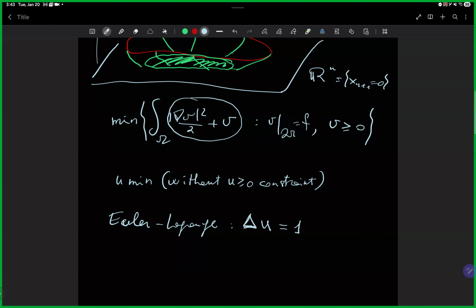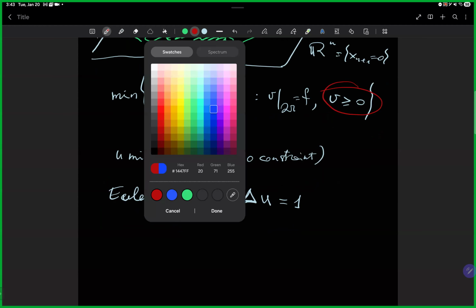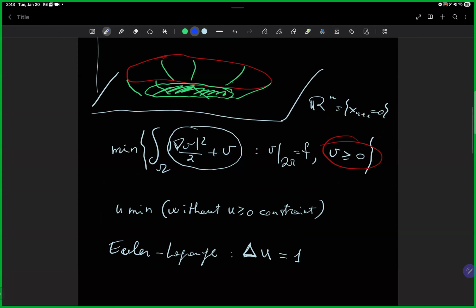Now, in this case, it's not this, because we have a constraint. We have this constraint, u non-negative. So what does it mean? Maybe let me change color. In this region, where u is strictly positive, we are far from the obstacle.